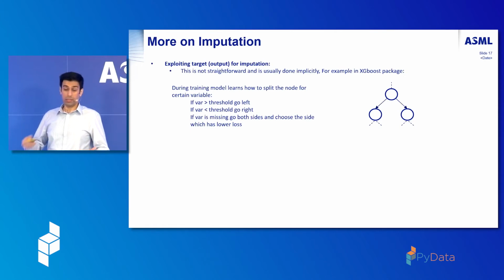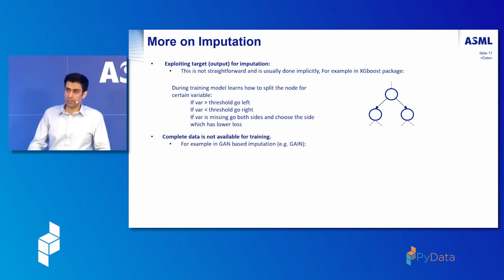The loss function is considering the target, right? So at the end of the training, you have two loss function values for both sides, and the one which is smaller is considered the default. The direction which resulted in the lower loss function value will be the default, and in the test phase, that direction will be used whenever that variable has missing values.